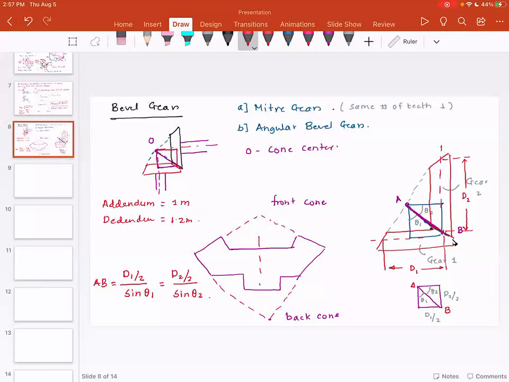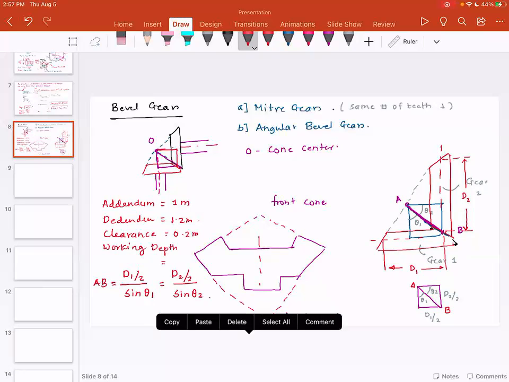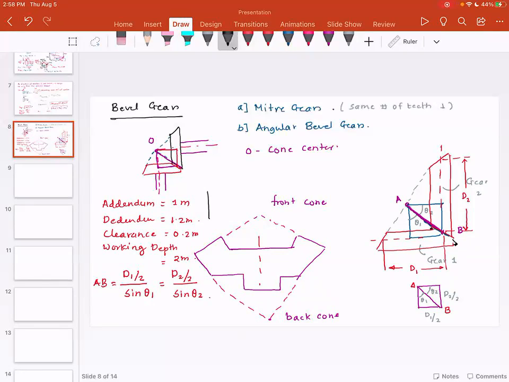You can have clearance, which is 0.2m, working depth, which is 2m, where m, it goes without saying, is equal to module.